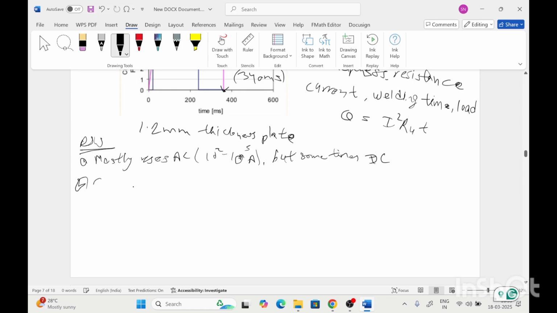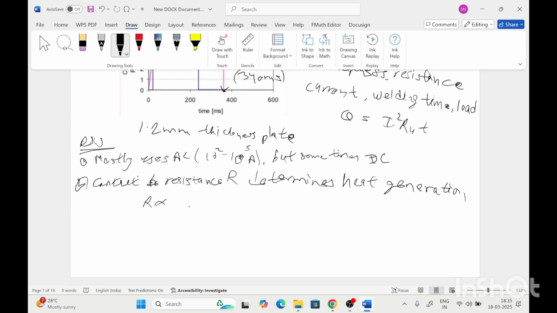The contact resistance R determines heat generation, and R is inversely proportional to the electrode pressure.